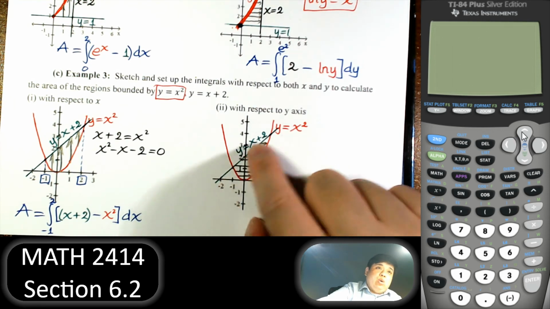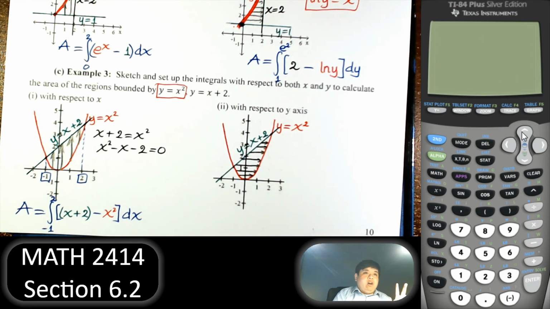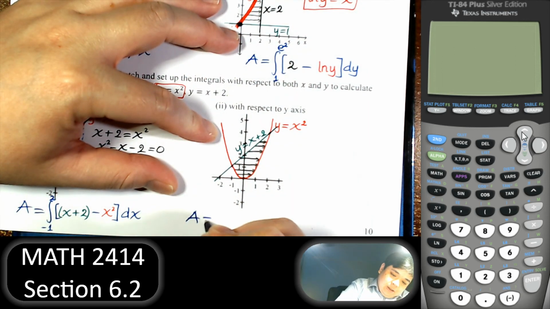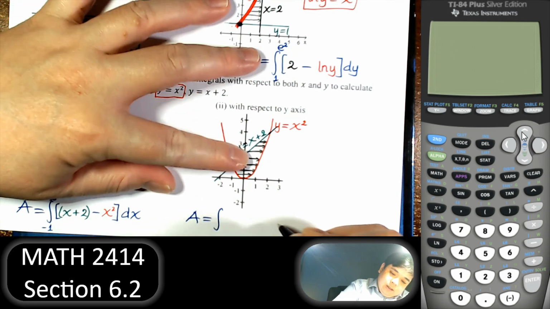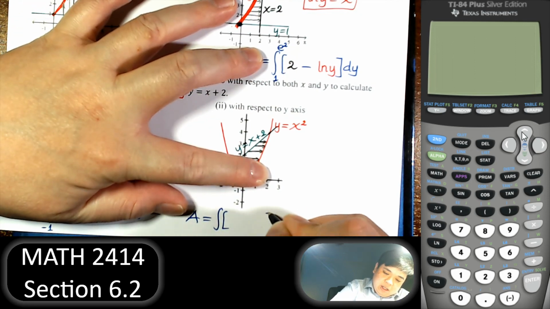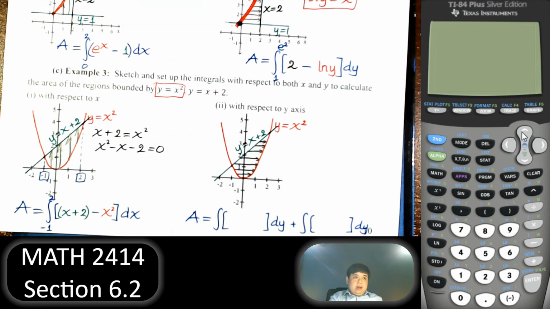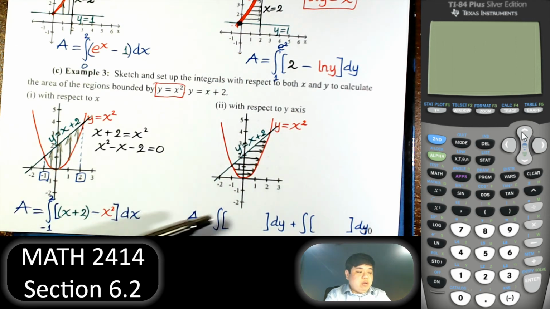And then the line y equal to x plus 2. So 2 boundaries on the left, 1 boundary on the right. So we need 2 integrals. Something minus something, and then something minus something. Right, so we need 2 integrals because there are 2 boundaries on the left.